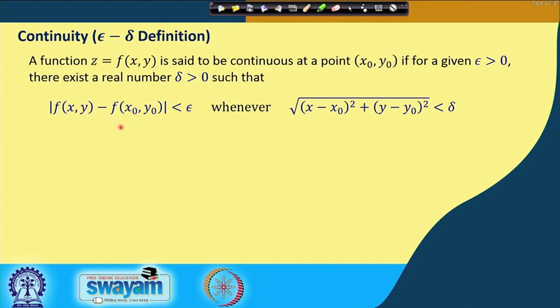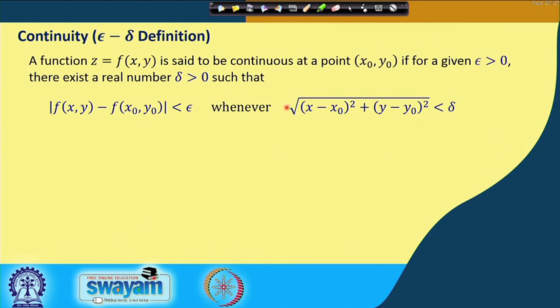Instead of f(x0, y0) we used L there, and now the function has to be defined at (x0, y0), and we are looking at whether the limit of f(x, y) as (x, y) goes to (x0, y0) is equal to f(x0, y0) or not. So, this epsilon delta definition is exactly the same as earlier for the limit.